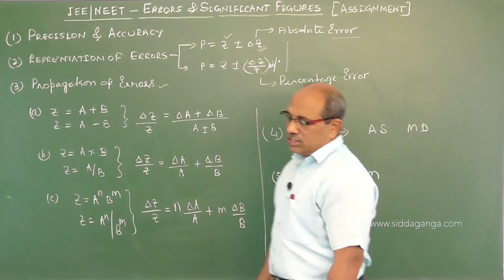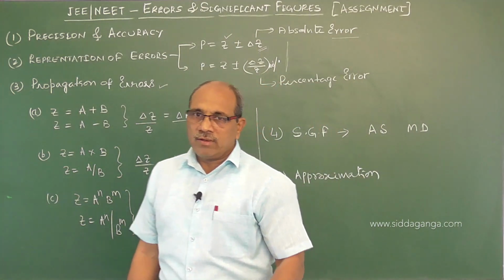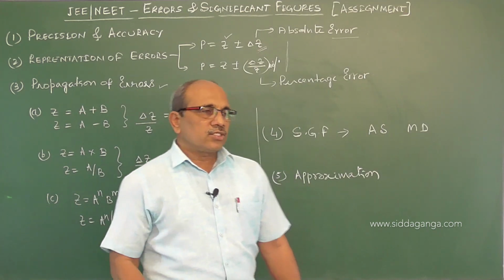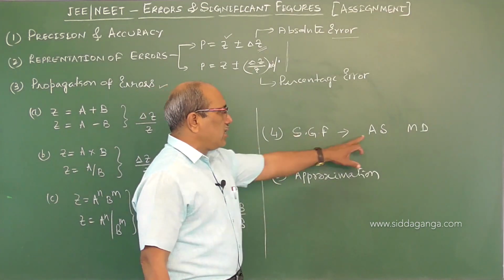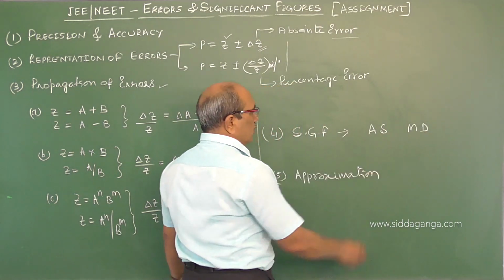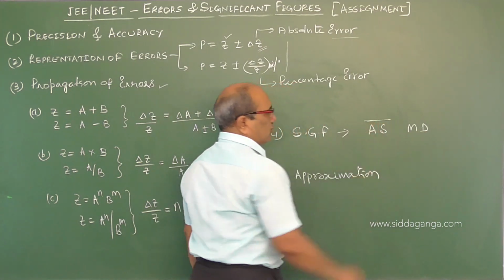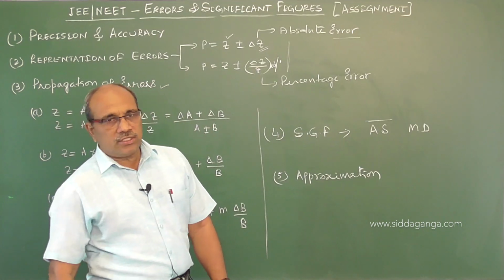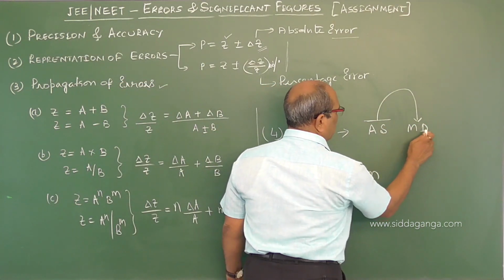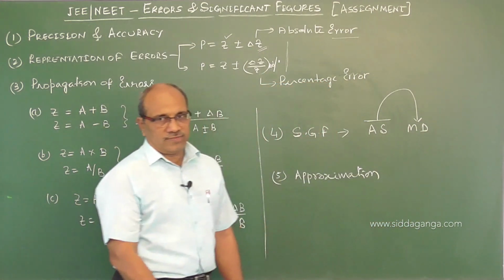Significant figures: you know what significant figures are, but when applying them to the final result in mathematical operations, addition, subtraction, multiplication and division, I told you that in the case of addition and subtraction, you have to maintain the minimum number of digits after the decimal point.